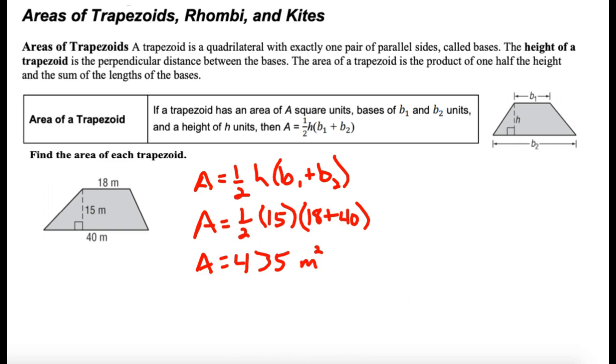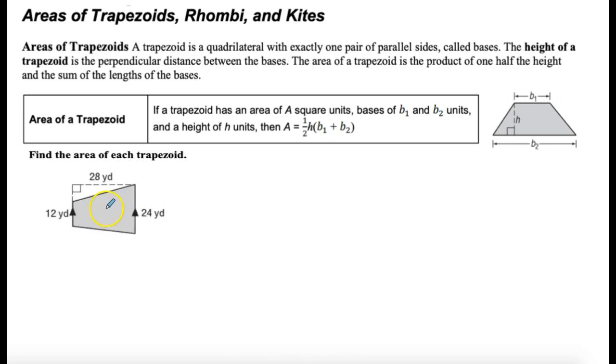All right. Let's try another one. So here we've got a trapezoid that kind of looks like it's turned sideways. Remember, even if it looks like this, the bases are the parallel sides. So the bases here would be the 12 and the 24, and then the distance between them, which is 28, would be the height.